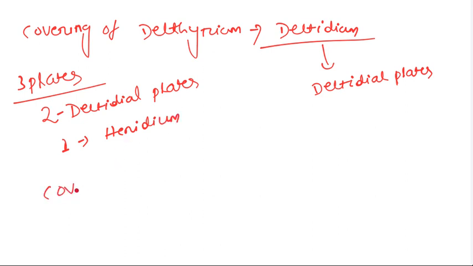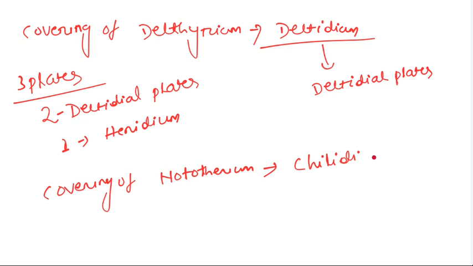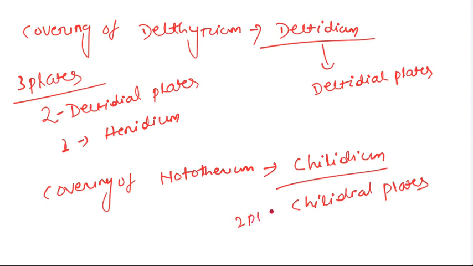Similarly, the covering of the notothyrium is called the chilidium. If two plates are involved, they are called chilidial plates. So that is the covering of the delthyrium and notothyrium: the deltidium and chilidium.